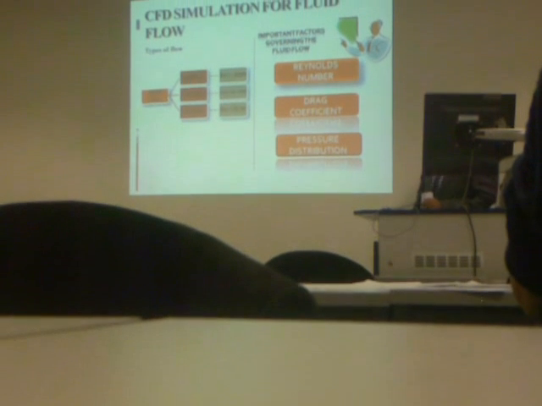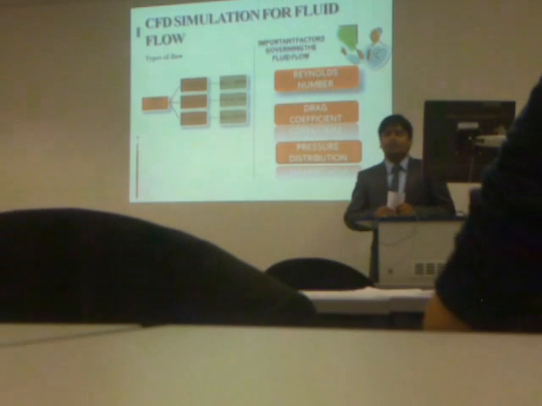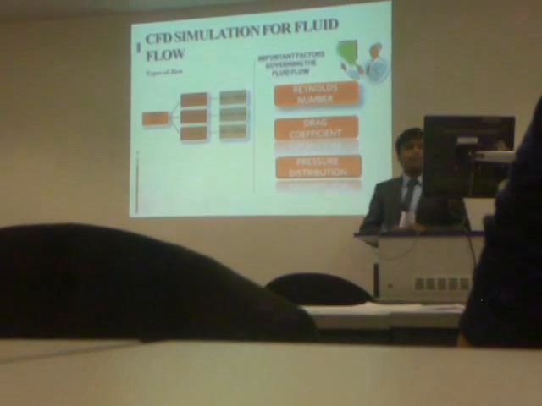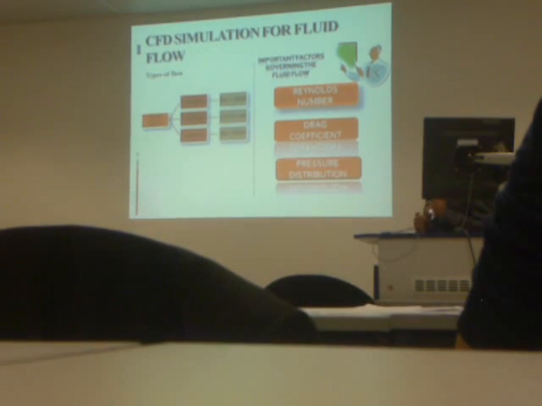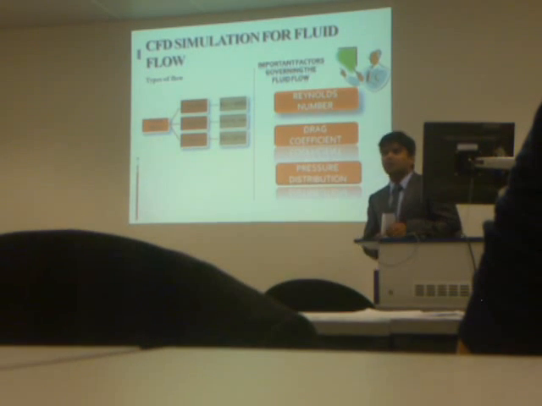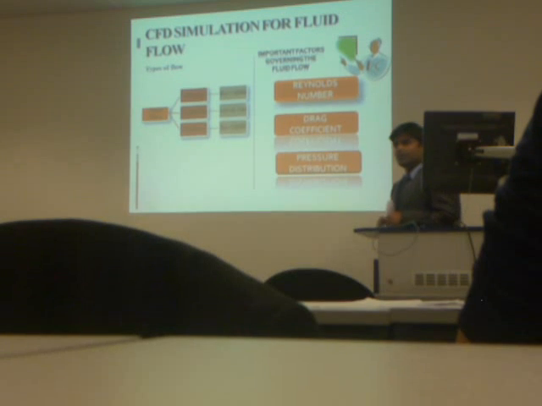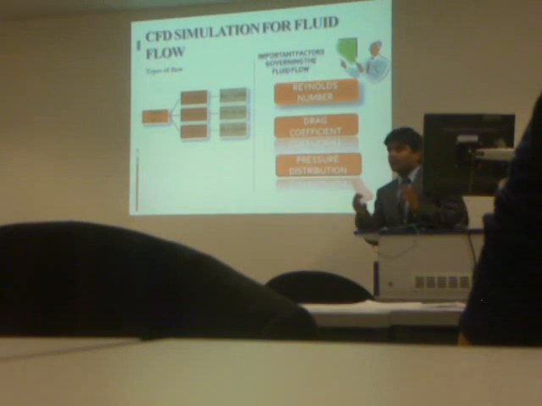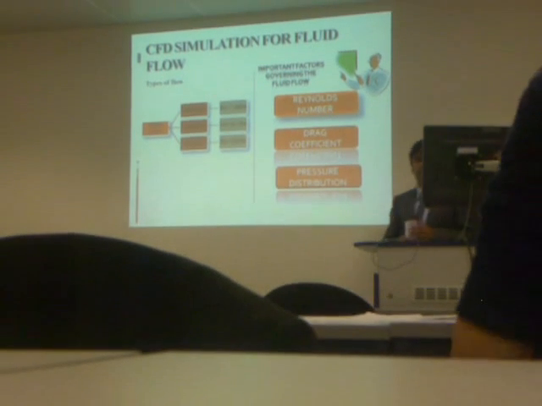And the types of flow which actually exist. There are three types of flows: turbulent, transient, and laminar. We can denote them by the Reynolds number: greater than 4,000 is turbulent, a Reynolds number between 2,000 and 4,000 is transient, and a Reynolds number less than 2,000 is laminar.